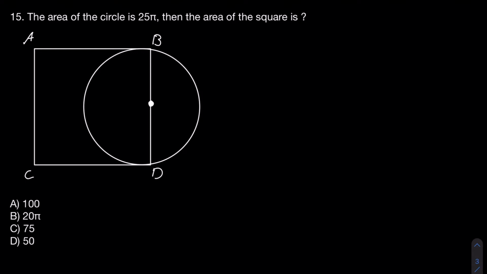So what do we have here? 25 pi. So that would mean that the radius is 5. So this is our circle, right? Why? Because remember that the area of the circle is pi r squared. And 25 pi is simply, if you square root 25, you're going to have 5.